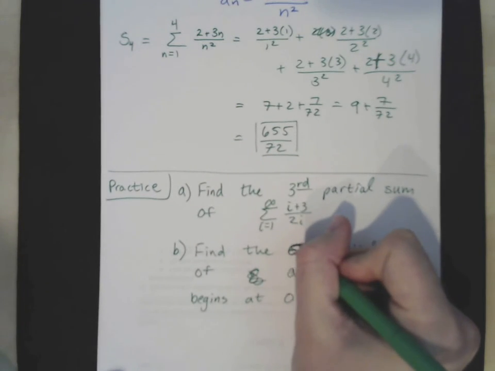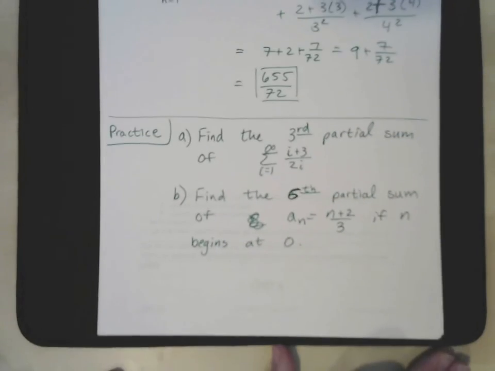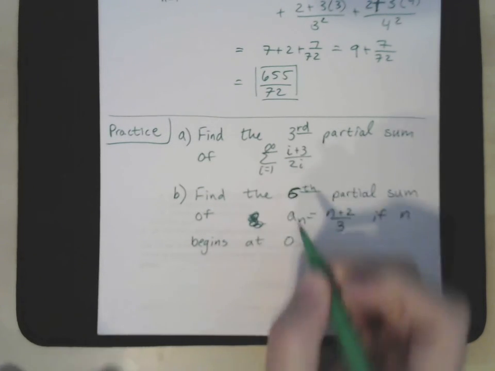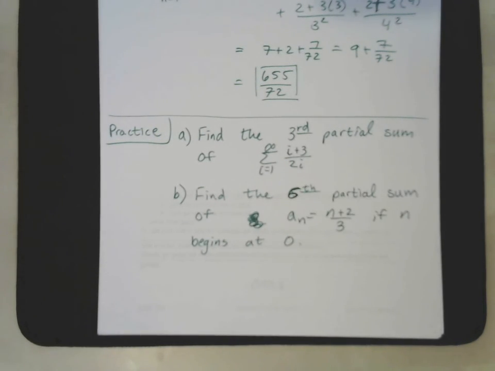I want this to be the 6th, so make that switch. So the 6th partial sum. So, like I said, pause the video, try these out. I'll start going through the solutions now.